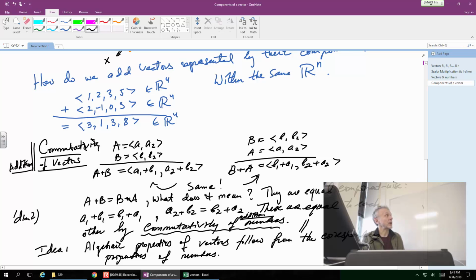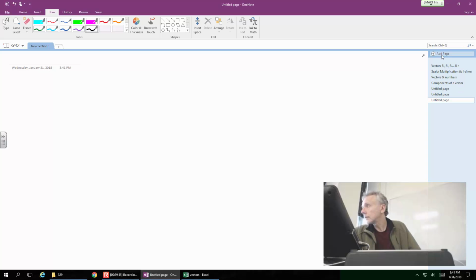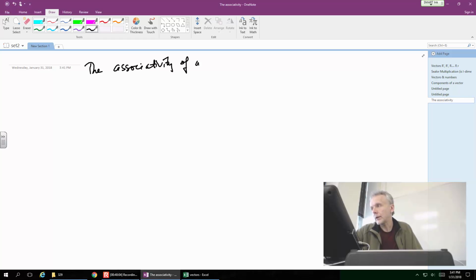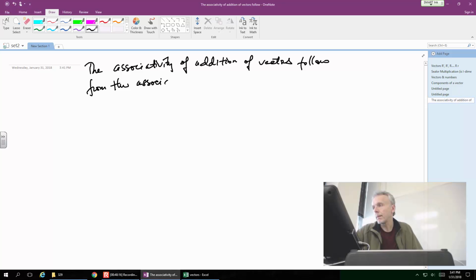So let me just write it out: the associativity of addition of vectors follows from the associativity of addition of numbers.